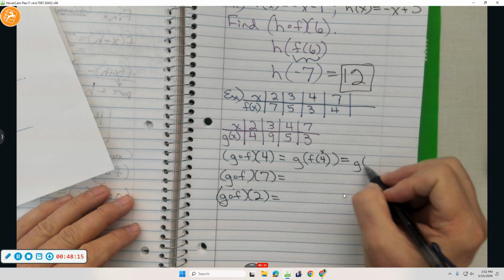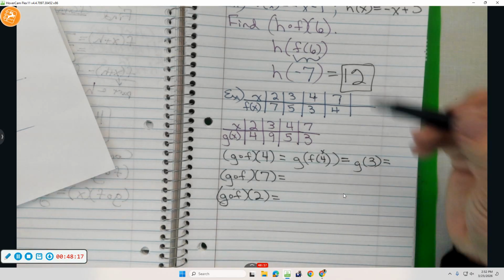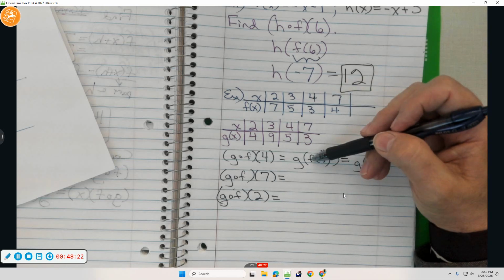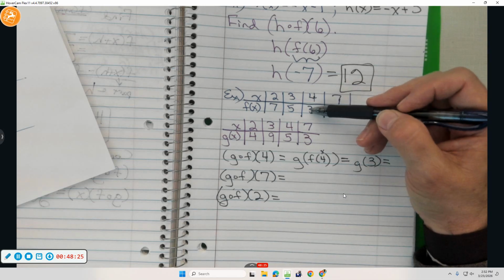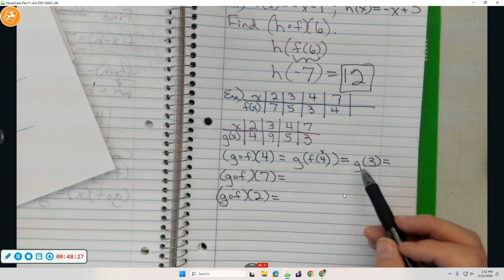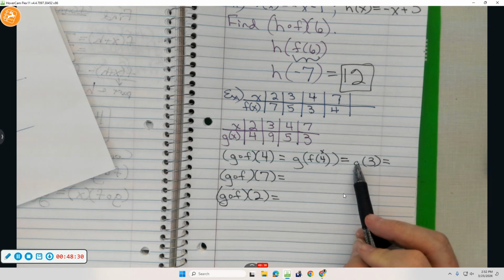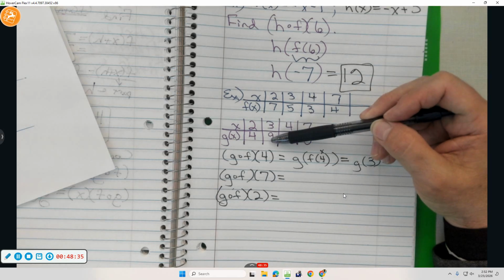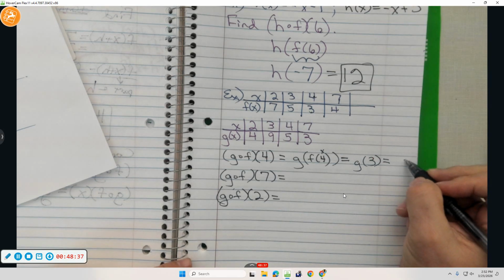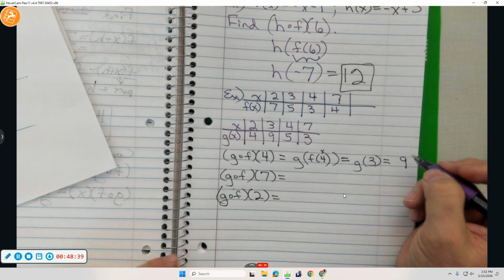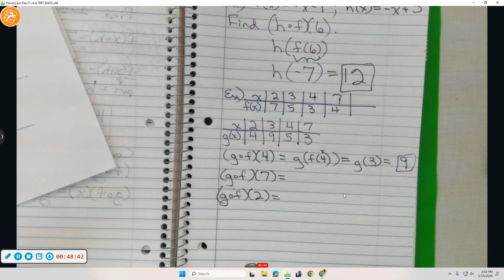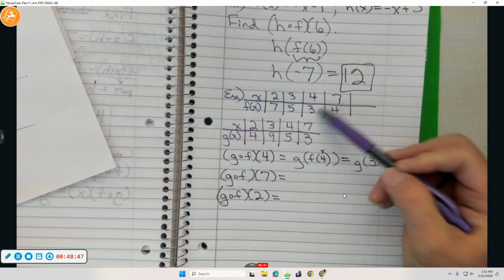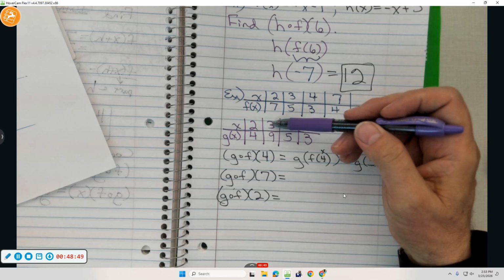Okay. So now we need g of 3. You start off at the x value each time. You're starting at f. You go to 4 is assigned to 3. Now you go to g. What number does g assign 3 to? 9. 3 is assigned to 9 for my final answer of 9. F assigned 4 to 3. G assigned 3 to 9.